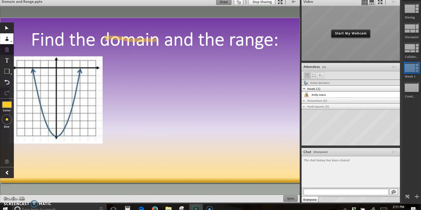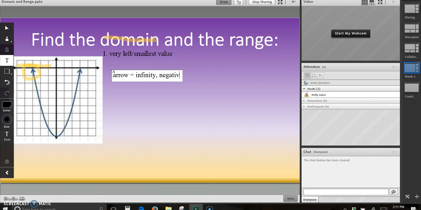All right, domain. So we're going to look for the very left, which is the smallest value. And that smallest value, as I look over here, left, right? I have an arrow. And an arrow always means either infinity or negative infinity.